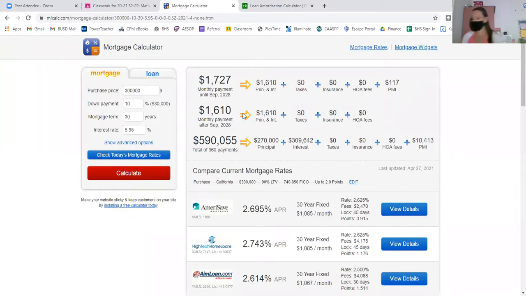But we're going to say her monthly payment is just the $1,610. And then total interest is $309,642.